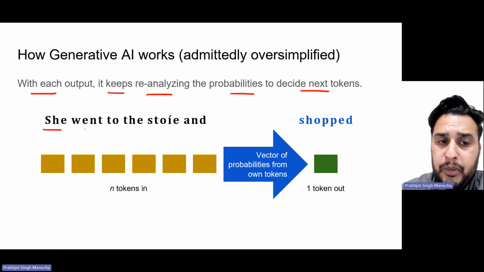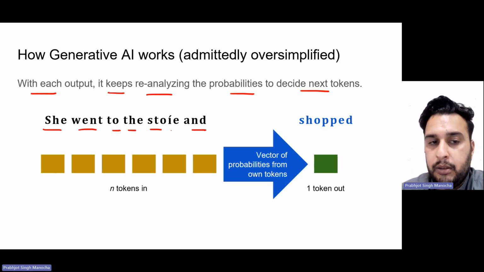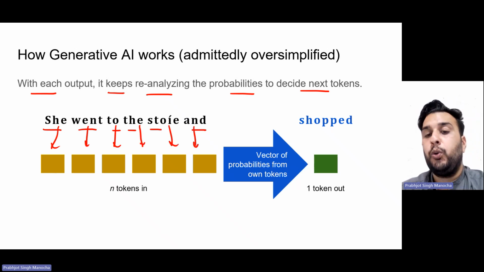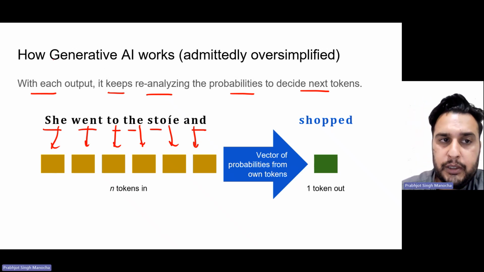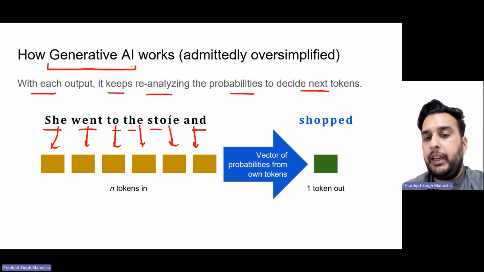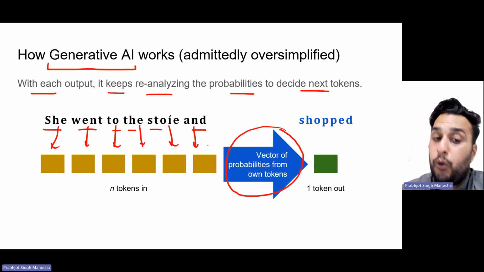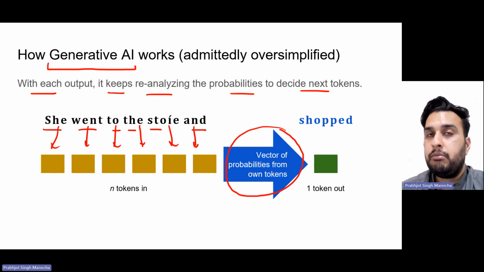Here is an example: she went to the store and what? Each piece of data is distributed, divided and assigned to different tokens. The models working for these generative AI tools find the vector of probabilities from their own tokens. So, she went to the store and slept. She went to the store and danced.